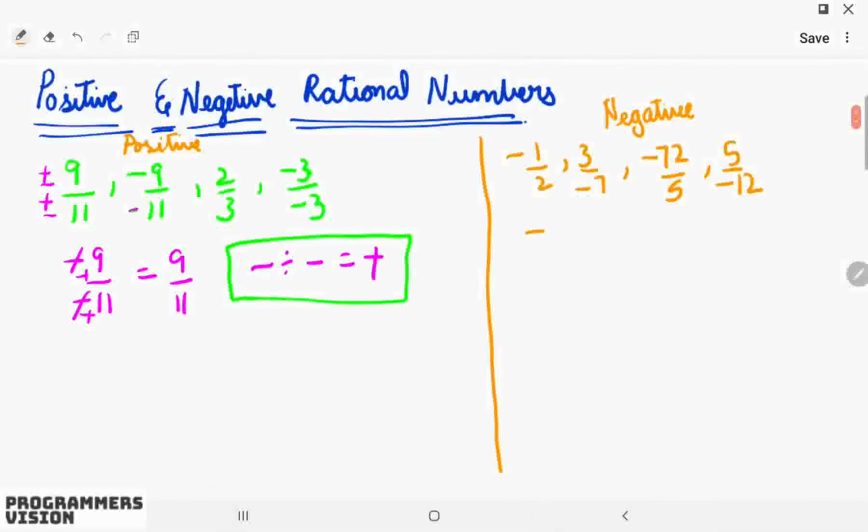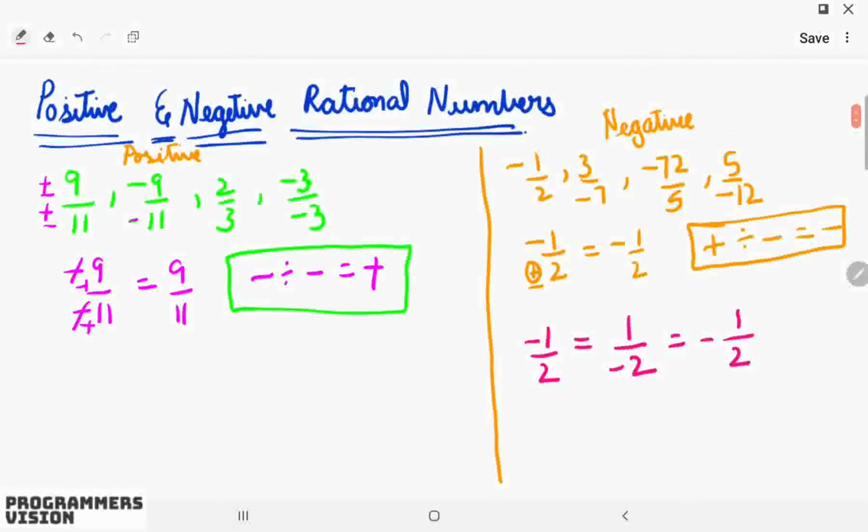Now let's see how they are negative. In the case of minus 1 by 2, if there is no sign before 2, it means there is a plus sign over here. Now minus divided by plus is equal to minus. The same thing applies to all rational numbers.